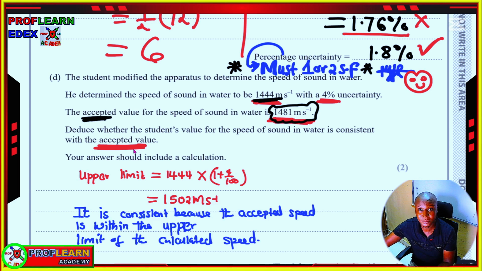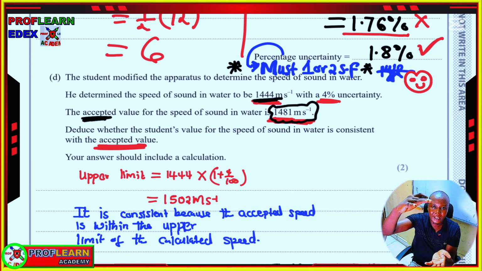In such a scenario, because the calculated value is actually less than the accepted value, what you are advised to do is to work out the upper limit of the calculated value and check whether the accepted value is within the upper limit of the calculated value.